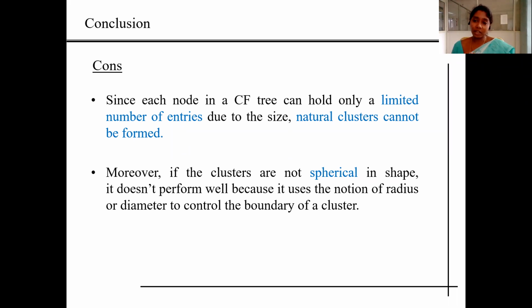Why? Suppose we have a cluster like this, and here is some other point, but according to the threshold rule, the threshold defines some radius and diameter, right?